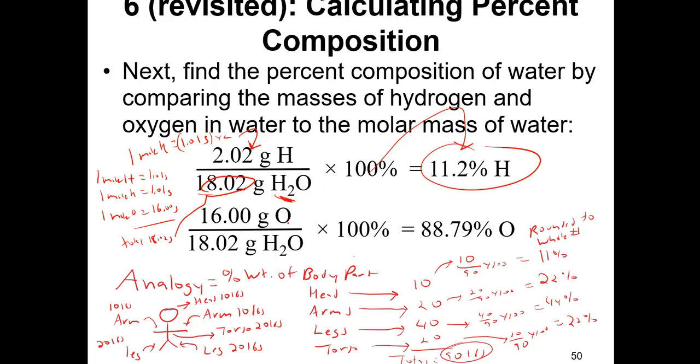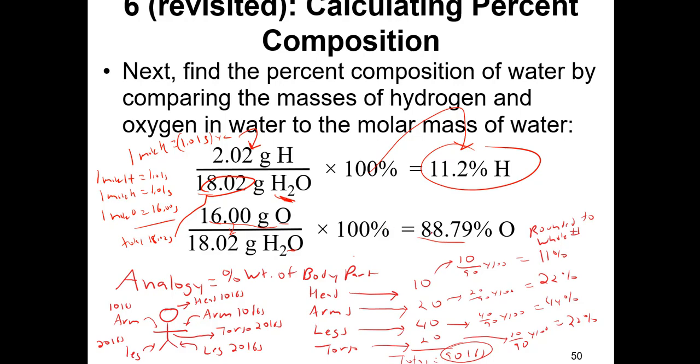Now we need to figure out the weight of the oxygen. There's only one oxygen present, so it's going to be a total of 16 grams. There is the molar mass of oxygen divided by the total molar mass of H2O, and that gives you 88.79%. Now the sig figs may vary depending on the periodic table.